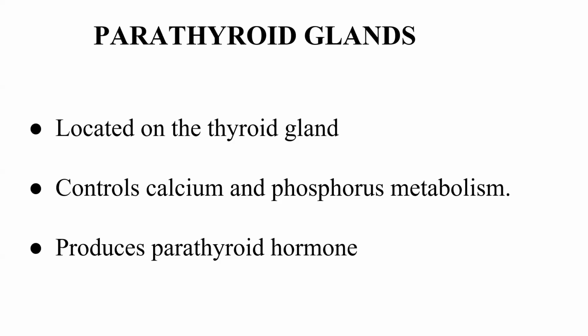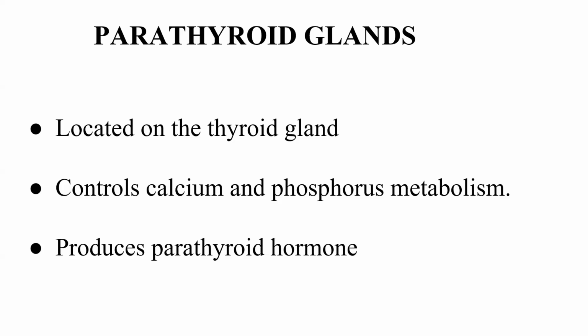We explained that in our previous class. I'm just citing an example here that any dysfunction of the parathyroid gland definitely affects the level of calcium and phosphorus in the body. They also help to produce parathyroid hormones.